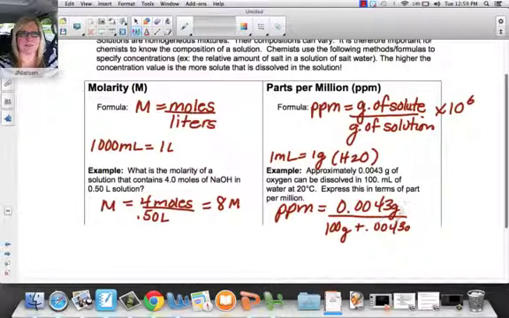So the mass of the solution is going to be the 100 grams plus the 0.0043 grams, the total, times 10 to the 6th. So we've got 0.0043 divided by 100.0043, which really isn't going to change your answer any, times 10 to the 6th. And that's going to give you 43.